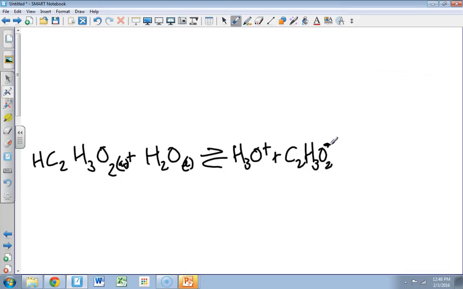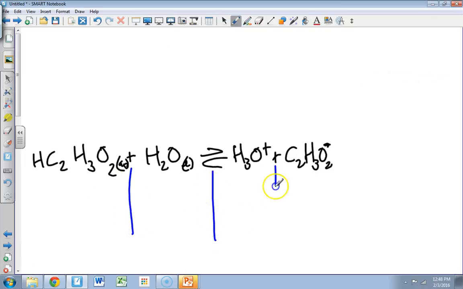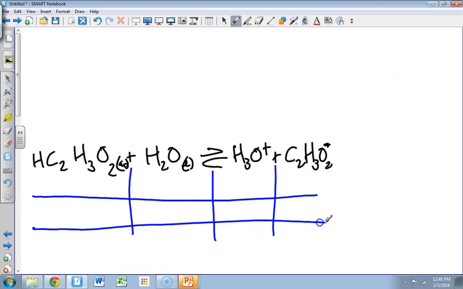The acid and base reaction never change. They're always the same. The acid plus water gives us the hydronium ion plus the ion of the acid. Now, in order to solve this, we have to set up an ICE chart. I think it's beneficial to try to figure out in your head where in the ICE chart you're trying to go.